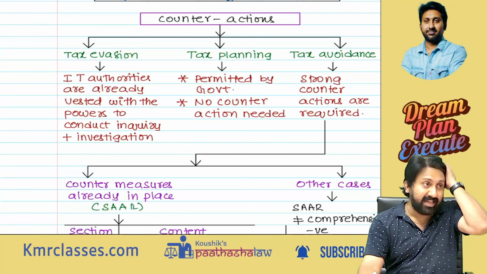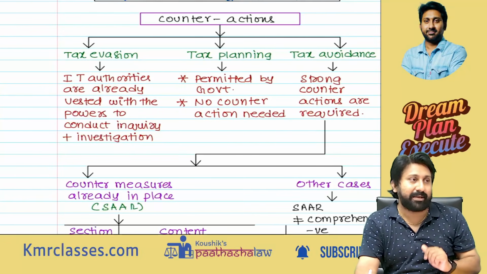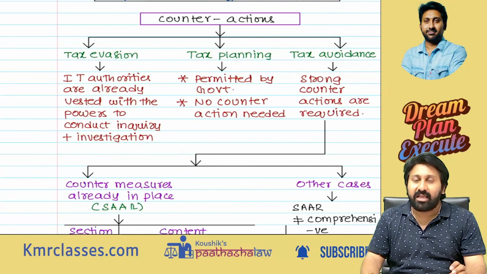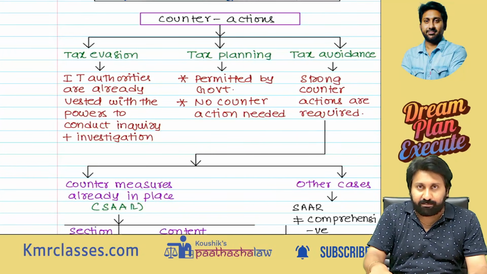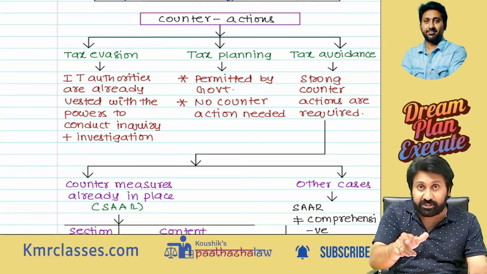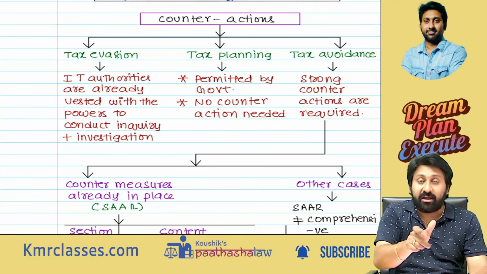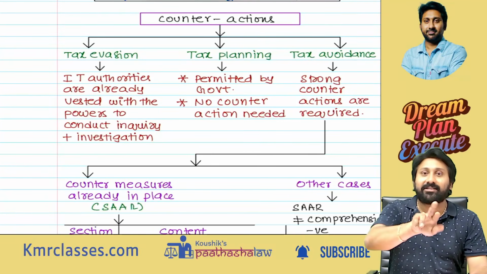Actually, that list is very big. Specific anti-avoidance rules means that within the Income Tax Act itself, there are certain provisions that were introduced in such a way as to counter this tax avoidance concept.